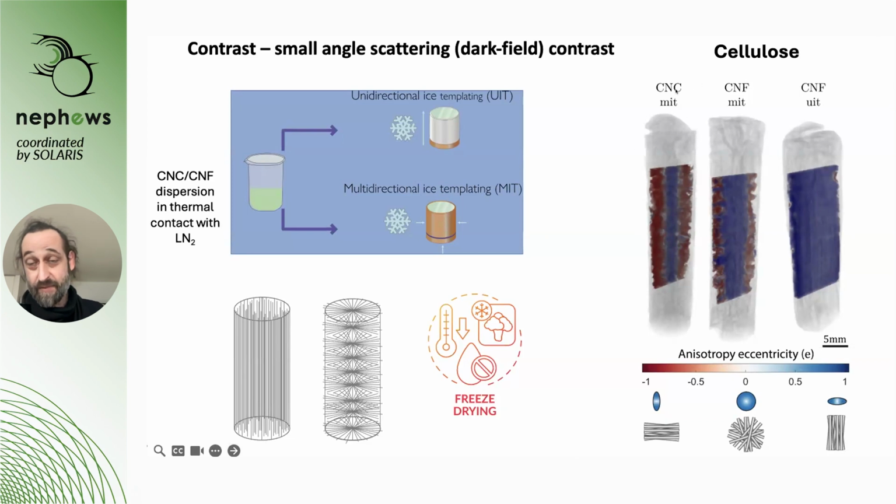But then we have two different species of nanocellulose, which we cool from the side. And then we see that depending on the species, we have more or less regions where we have a radial orientation of the fibers. And then in the center, when the fibers in the orientation hit, then they will start orienting vertical again in the center.